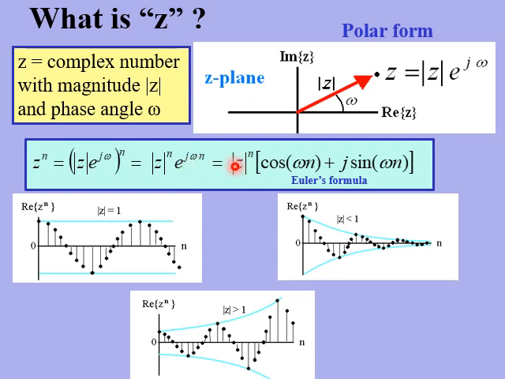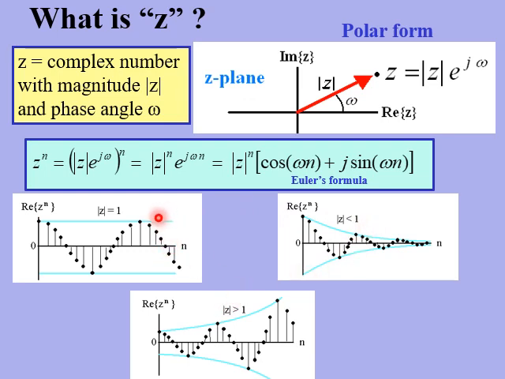All right, so the magnitude part out here is a real quantity that either grows with n or shrinks with n, depending on its value, if it's greater than or less than 1. The e to the j omega n portion can be expanded out using Euler's formula into cosine omega n plus j sine omega n. So one way to visualize z is by looking at the three cases where the magnitude of z is equal to 1, less than 1, or greater than 1.